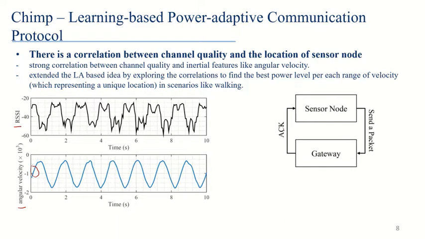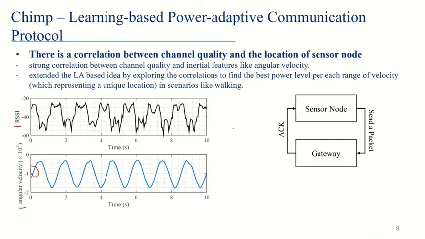If the packet is delivered, the gateway replies with an ACK packet. The sensor node takes that ACK as feedback and decides, okay, this is probably not a bad transmit power level. Then using a reward and penalty mechanism, it rewards the good power levels and penalizes the bad power levels.